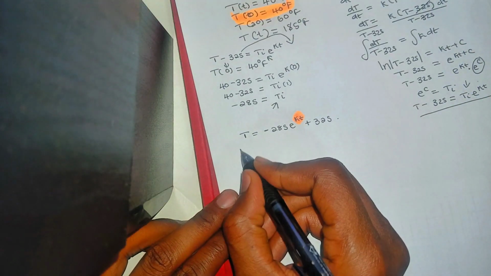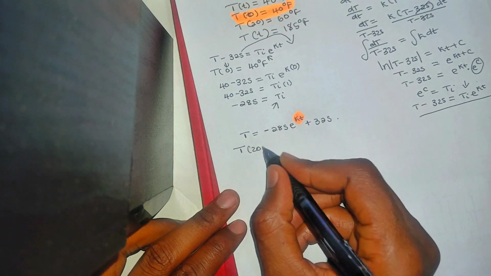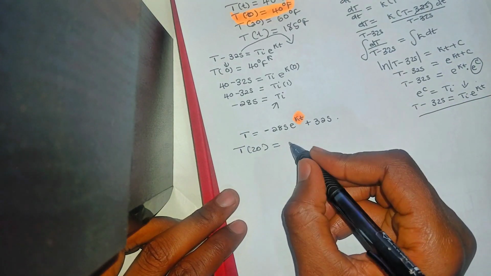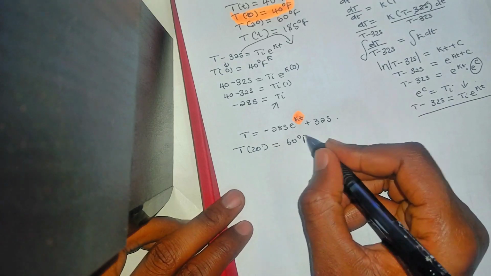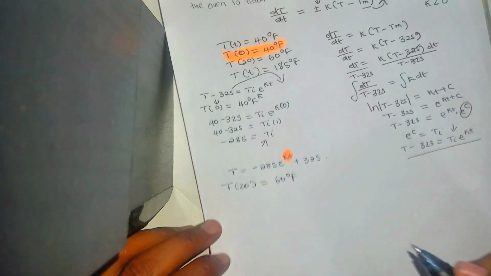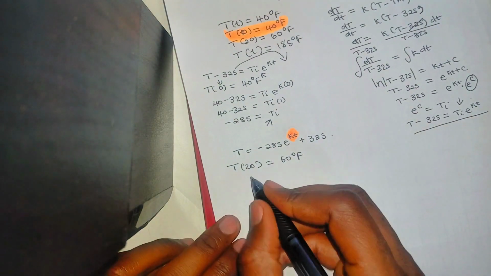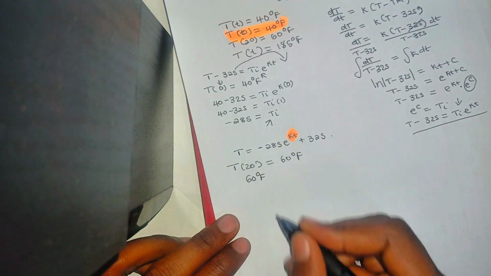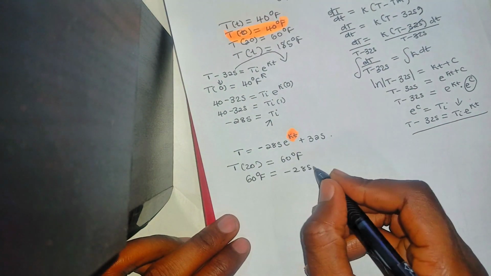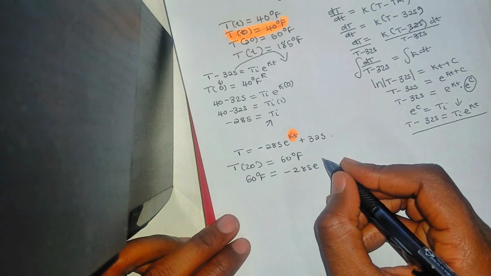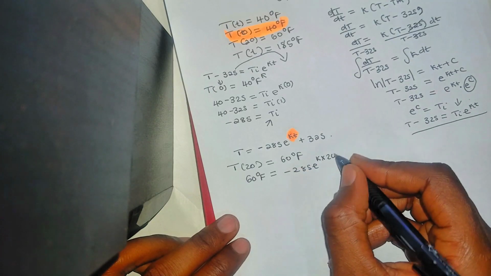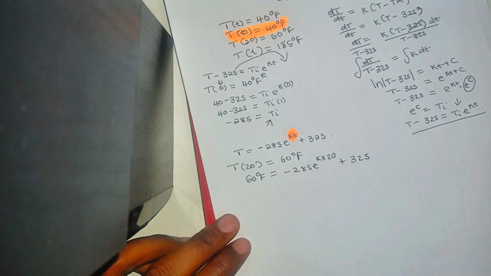So there is a point whereby after 20 minutes, the temperature is 60 degrees Fahrenheit, right? So now we say 60 is equal to negative 285 e to the power k multiplied by 20, plus 325, right?